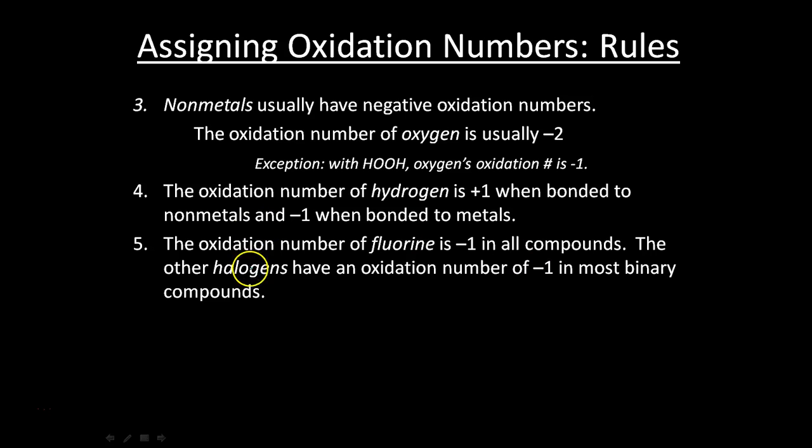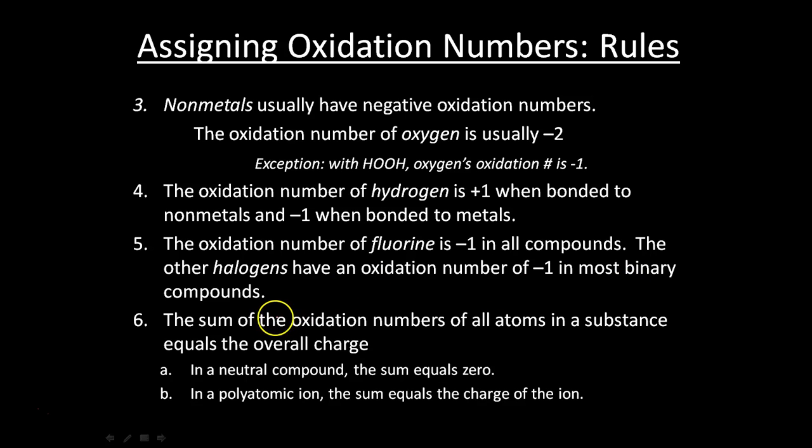And most halogens, so other elements in the same group as fluorine, have an oxidation number of -1 in most binary compounds. Finally, the sum of the oxidation numbers of all atoms in a substance equals the overall charge. In a neutral compound, the sum of all the oxidation numbers has to equal 0. In a polyatomic ion, the sum of the oxidation numbers equals the charge on that polyatomic.